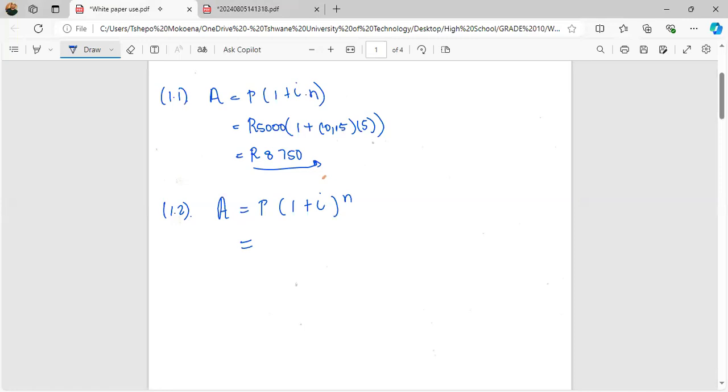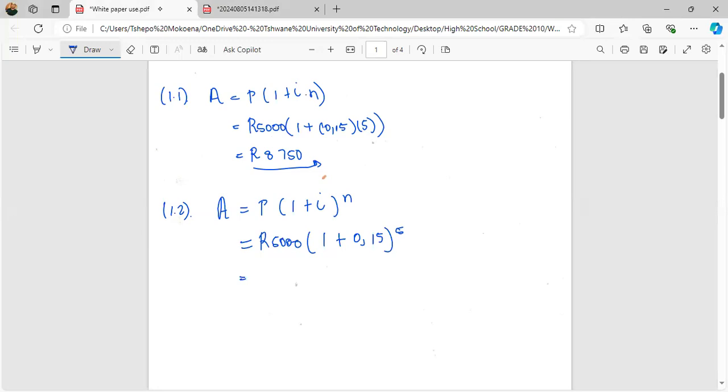So the principal amount that Hlompo deposited into ABSA was 5,000 rand, right? 1 plus the rate, which is still the same, 0.15. For how long? For a period of 5 years. Therefore, we simply punch this on our calculator, to the power of 5 years, 5.